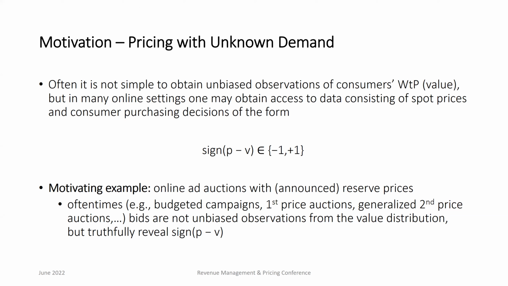So indications of whether or not the value is higher or lower than the price. The main motivating example is the one of online ad auctions with announced reserve price. Oftentimes, for example, with budgeted campaigns, first price auctions, general second price auctions, and so forth, bids are not unbiased observations from the value distribution, but they truthfully reveal whether or not the valuation is higher than the reserve price.